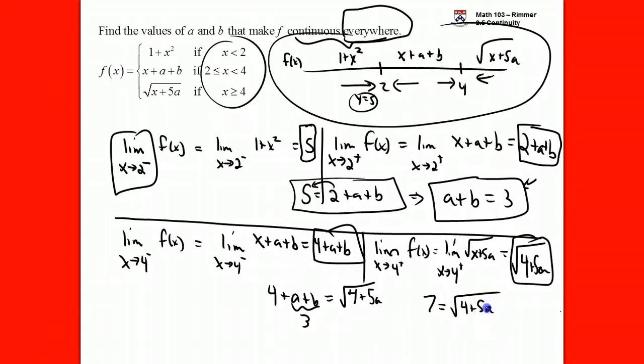Solving equations in the middle of a calculus problem. Work on it on your own, on your paper. Tell me what you get. When you get it, just raise your hand. Don't yell it out. I'll come by and check. I need you to tell me what a is, and then go ahead and get what b is as well, knowing that they have to add up to 3.